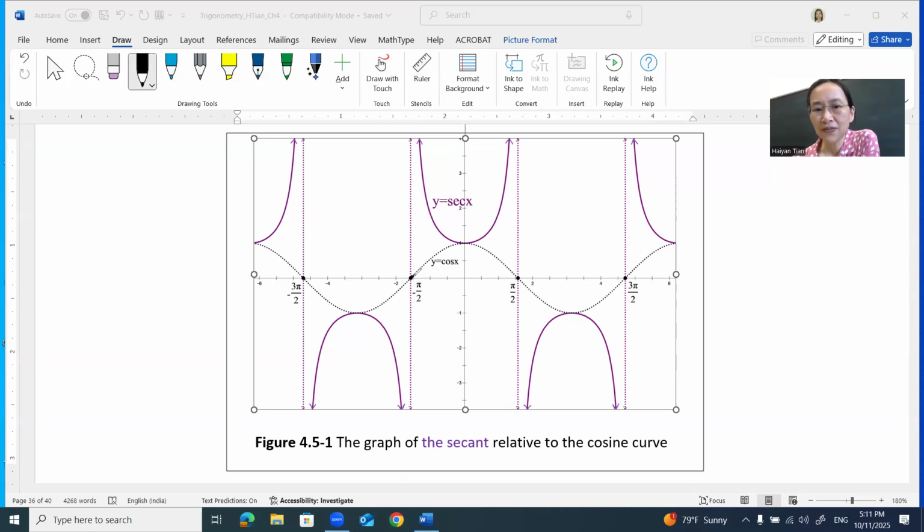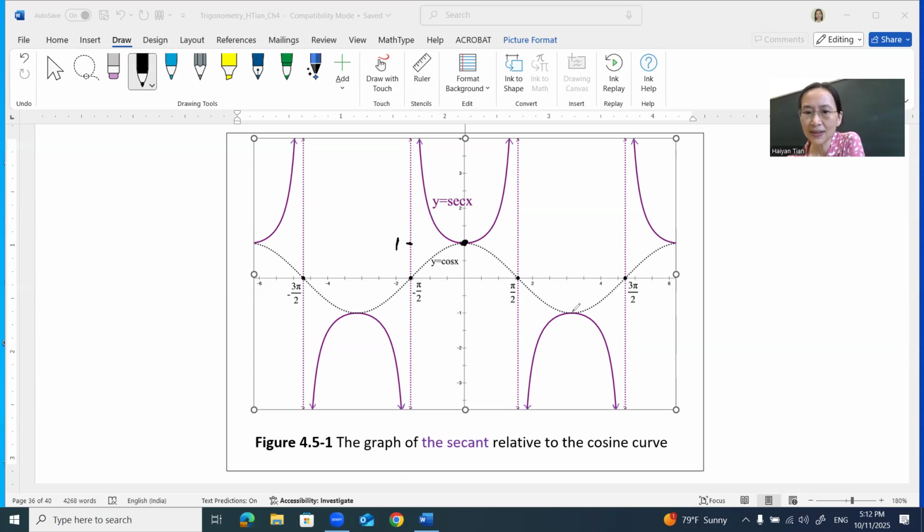So whenever the cosine function is 0, secant is undefined. And let's also look at when cosine is 1, secant is also 1. So that's a point where both the cosine function and secant function pass. That means they have the same function value.